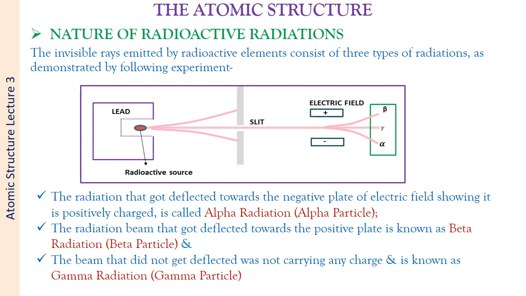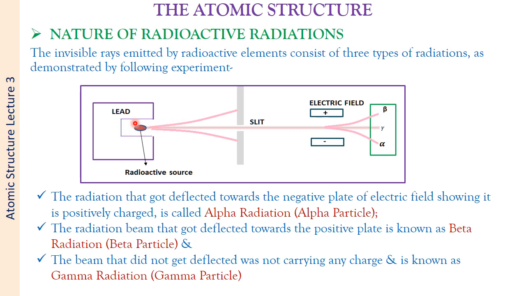So now let us study what is the nature of these radioactive radiations. Well, these rays which were being emitted by the radioactive elements consisted of three types of radiations, and there was an experiment done to show that there were three types of radiations.